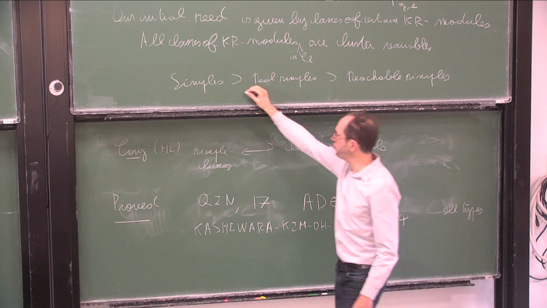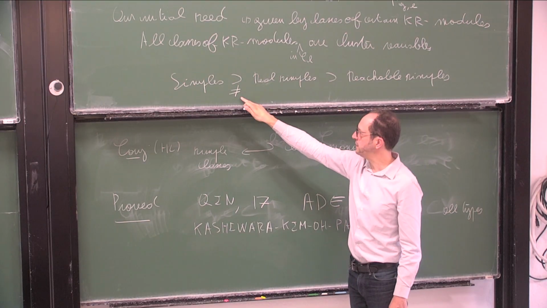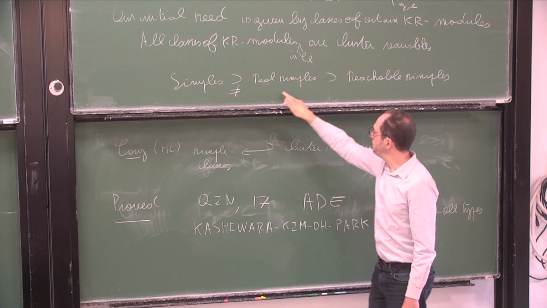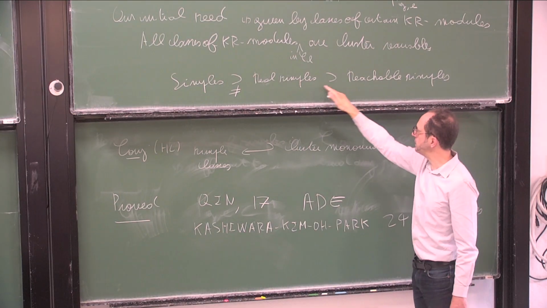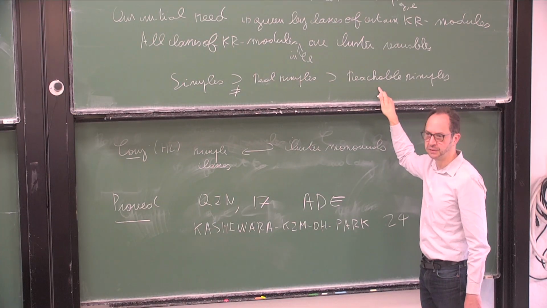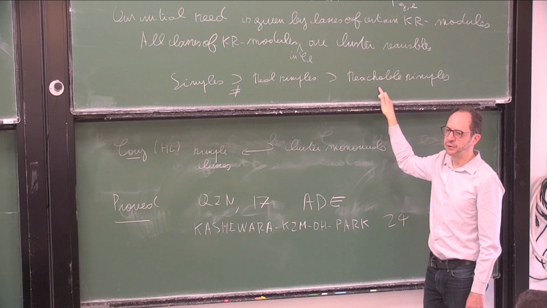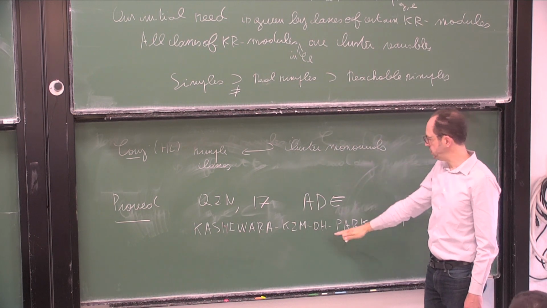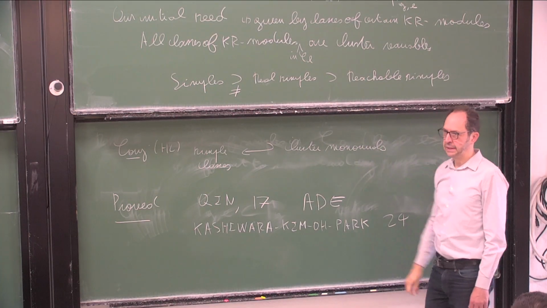So now you have this inclusion. Of course we know that except for SL2, this is not an equality. But there is another conjecture that in fact all real simples might correspond to reachable simples, but this seems very difficult to prove, and this approach does not give an answer for it.